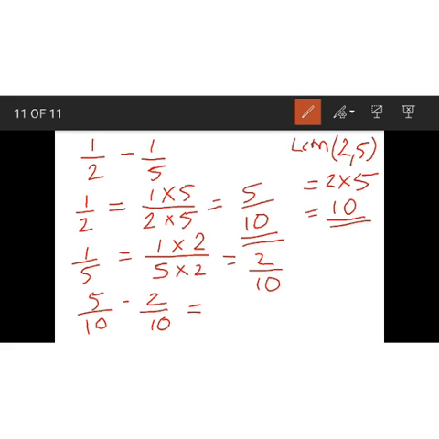So we can keep the denominator as it is and now subtract the numerators. 5 minus 2 whole divided by 10, which is equal to 3 by 10. So we'll get the answer as 3 by 10.